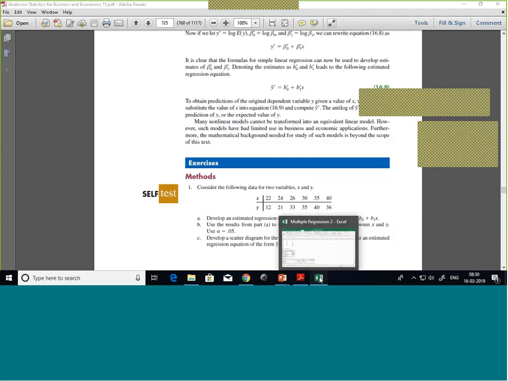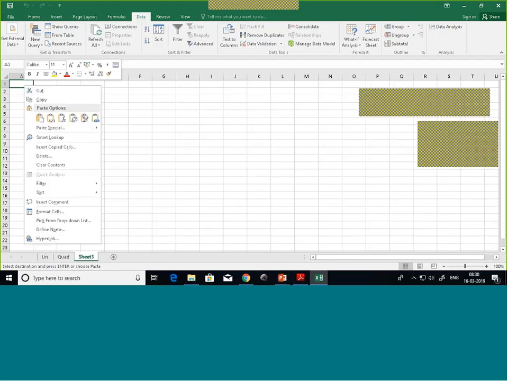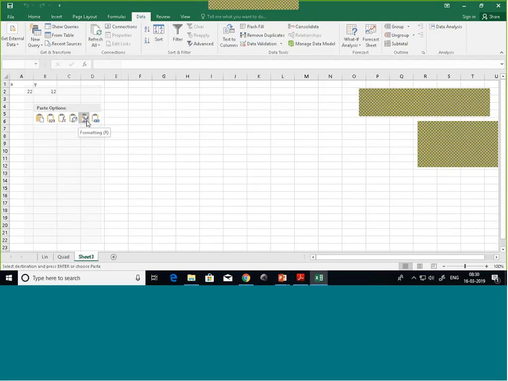So we'll do that. We have x values and y values, so I copied them into an Excel sheet. You can do it using pen and paper for this, but anyhow, it saves time if you use the software directly, and if you understand the ANOVA table, you can easily write the inference.